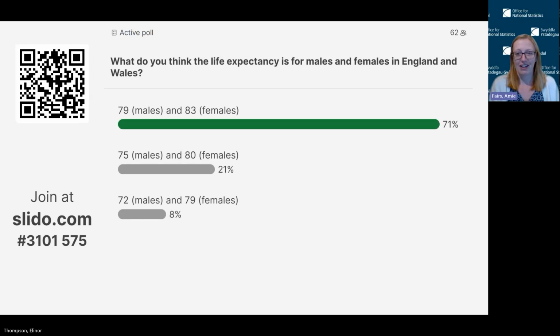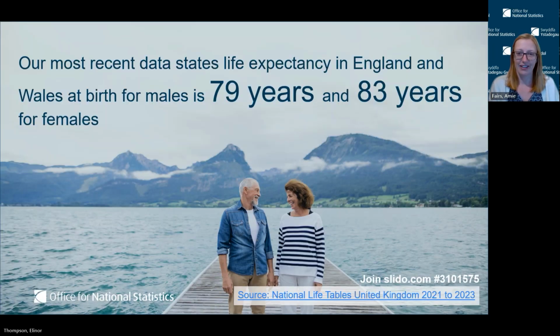It's really fun for me watching these numbers change in real time. We'll keep this going for a little bit so we can find out what people think. Okay, and if you said the top one, it was correct, yes.